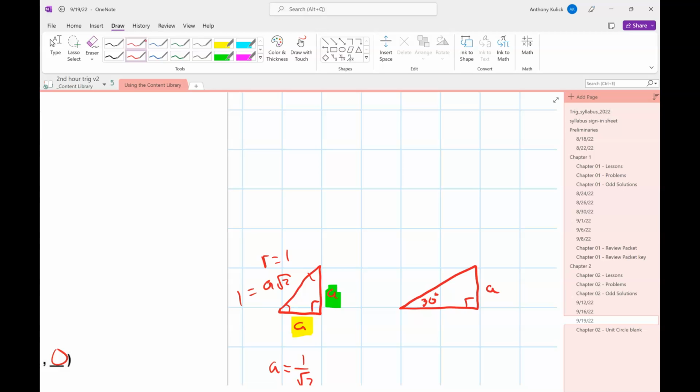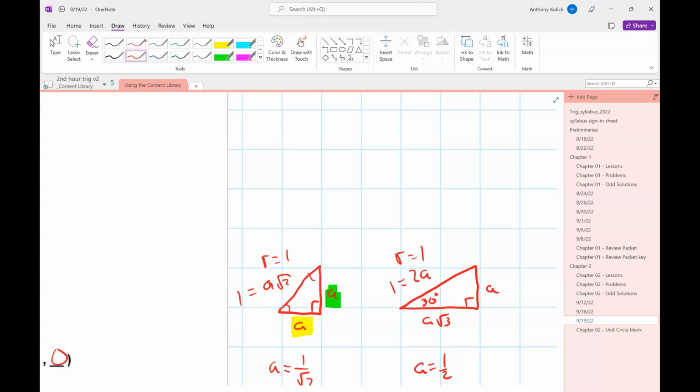So again, we have a root 3, and 2a. Well, we want r to equal 1. So 1 has to be equal to 2a. What does a have to be then? 1/2, right?